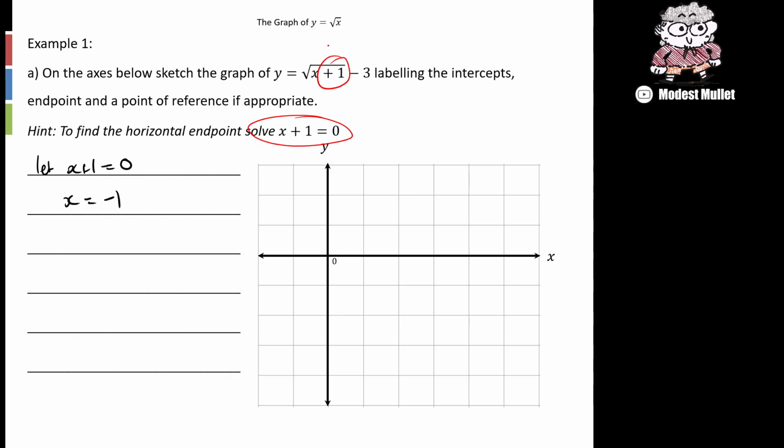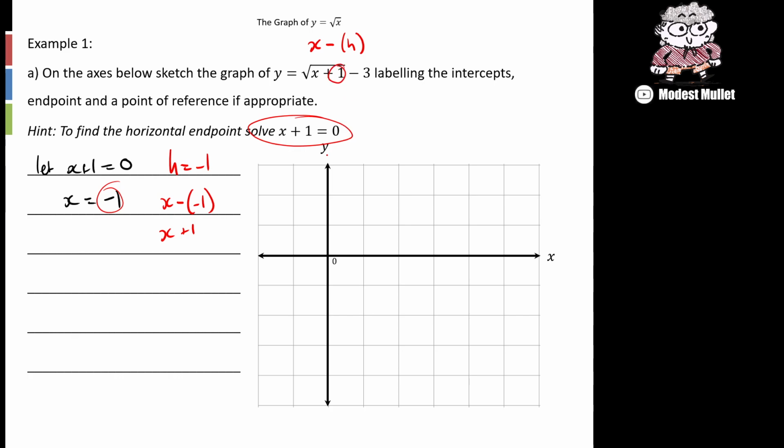To write that in the form x minus h, h would have to be negative 1. So h is negative 1, which matches. We can double check: x minus negative 1 gives x plus 1, which is the form written under the square root.